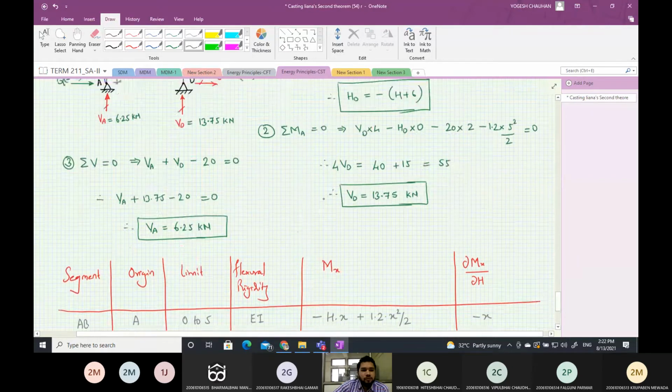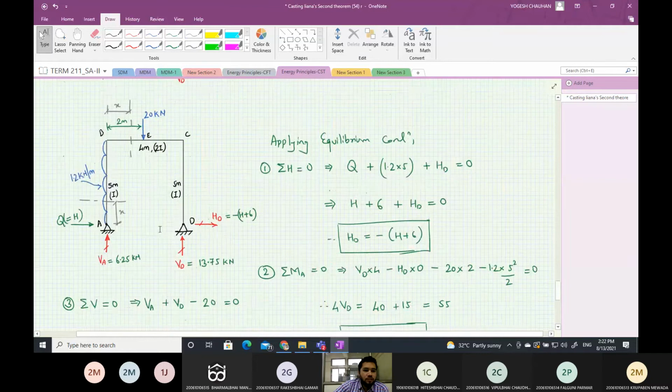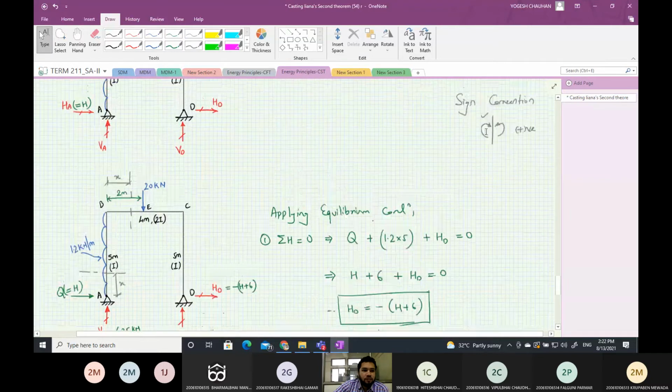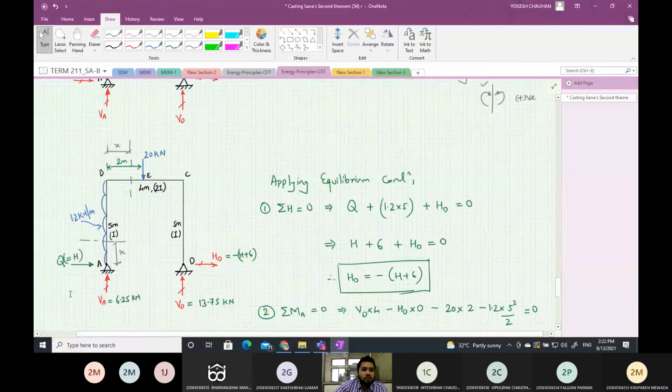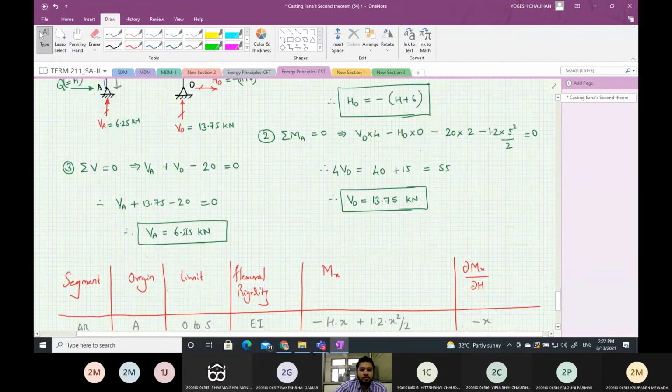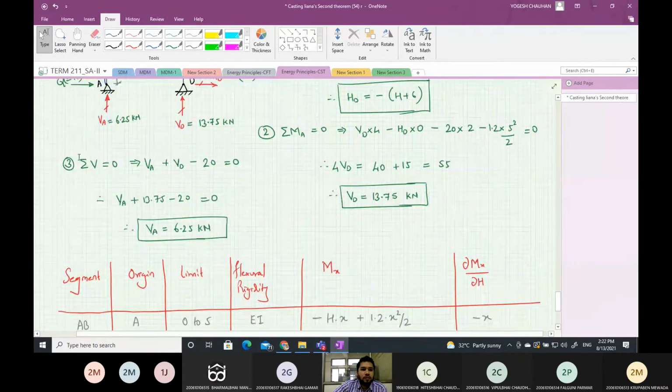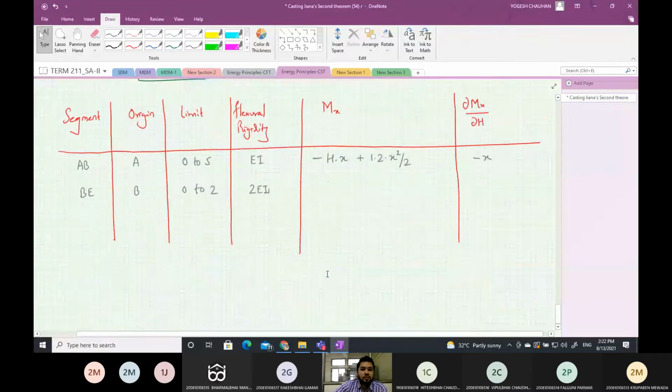The moment equation will be, for this B, again we are on the left side of the section, so for left of the section, clockwise is positive. So now this VA into x will cause clockwise moment, and value of VA is 6.25.